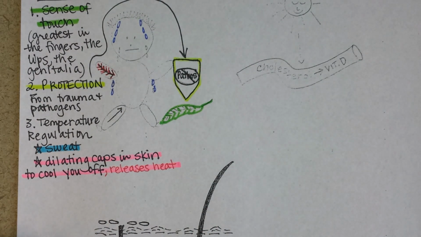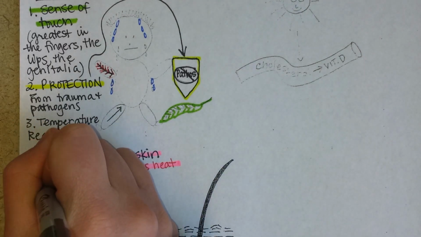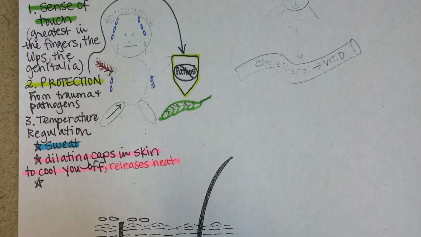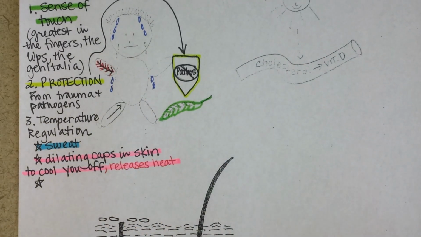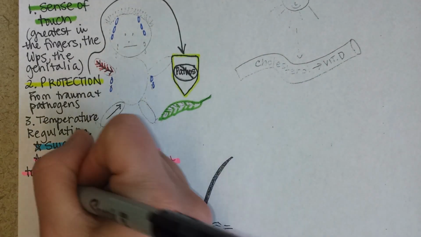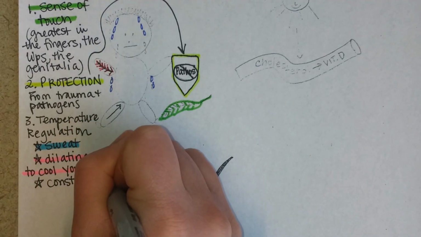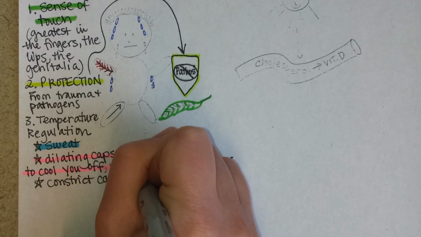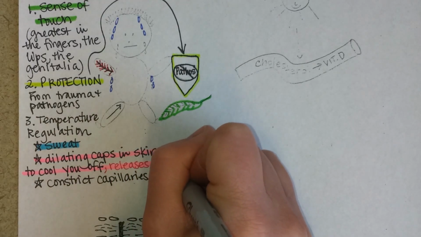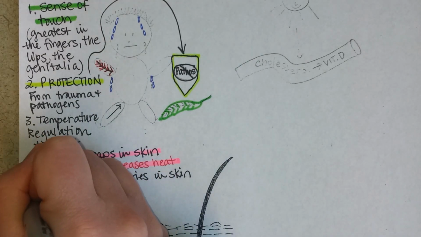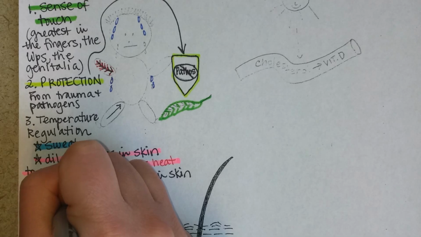But what about the other way? If you're really cold, now the skin will usually be given information from the nervous system that will allow it to constrict capillaries in the skin. To keep you warm.